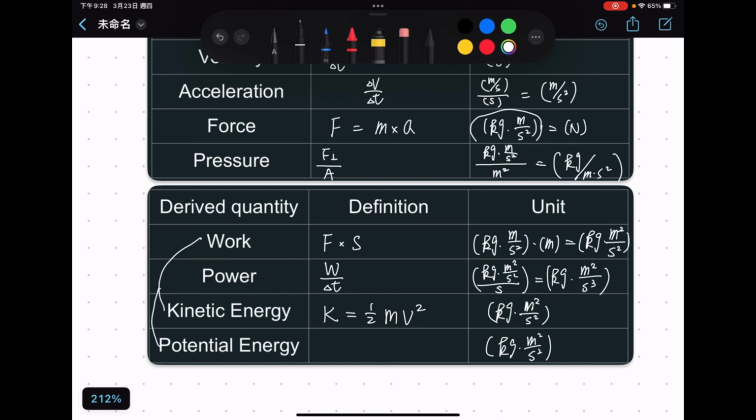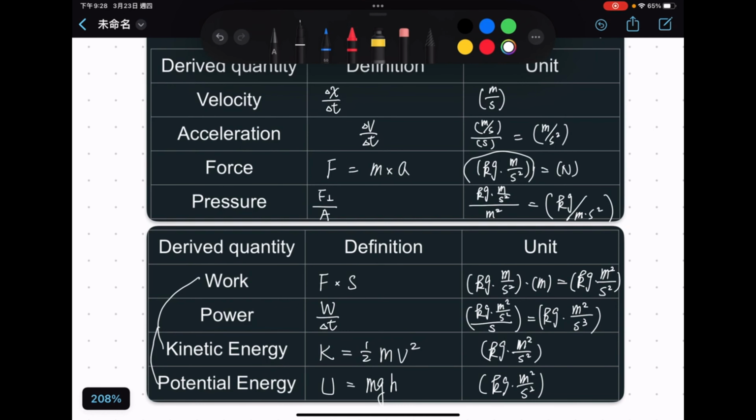This is a force, and times displacement, which is the height. So near the surface of the earth, we use potential energy equals mgh. So here is our practice about the derived quantities.